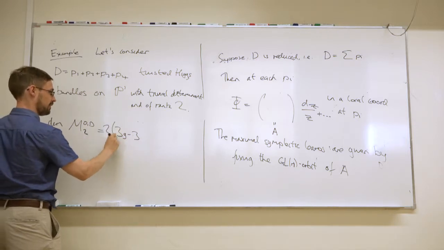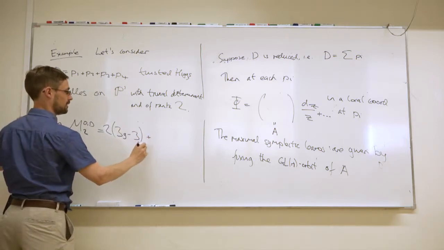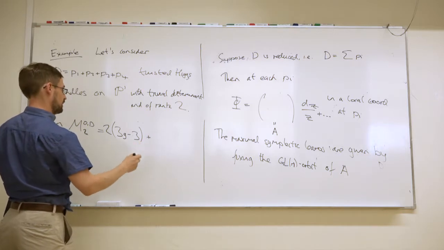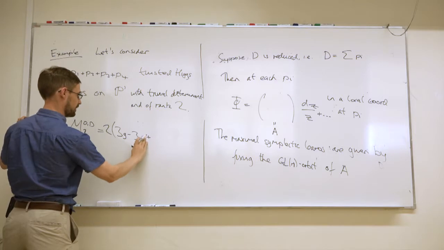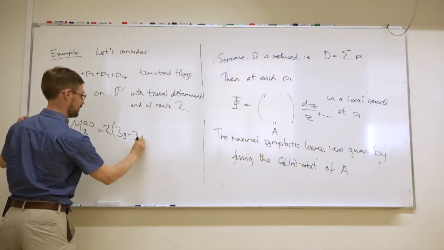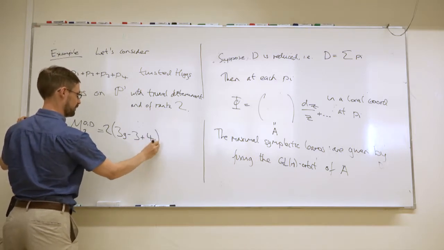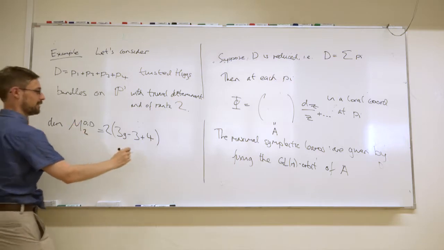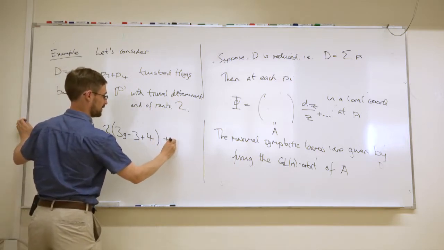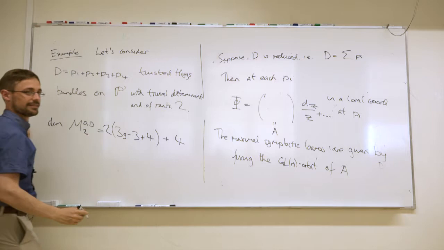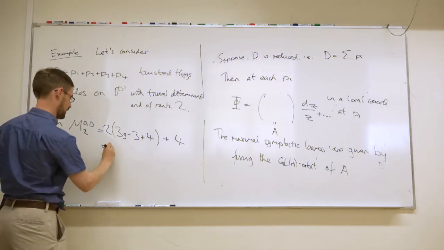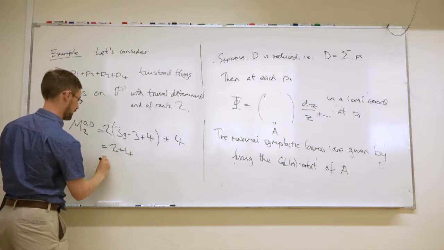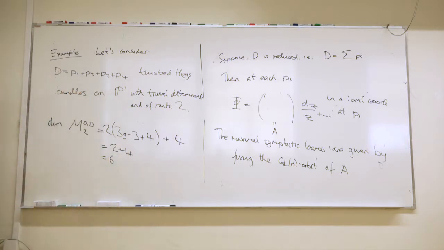I have to add on the degree of the divisor. So this is 4, because I have 4 marked points, but I have to add on another 4 for the degree of the divisor. So this amounts to 2 plus 4, which is 6.